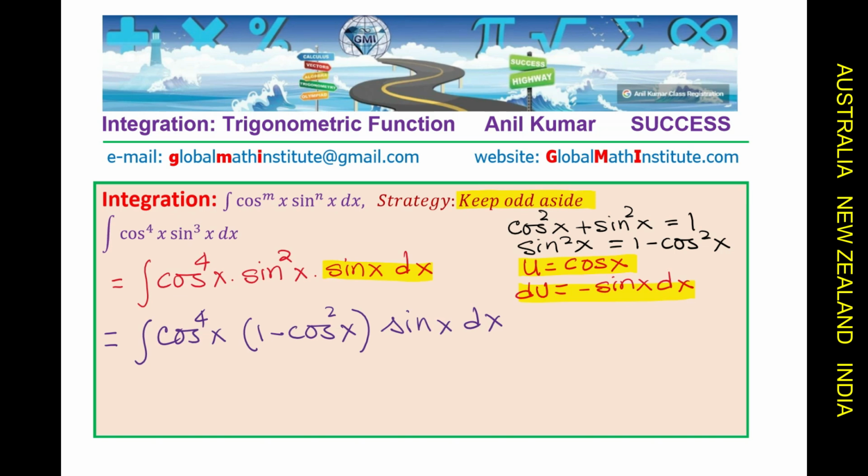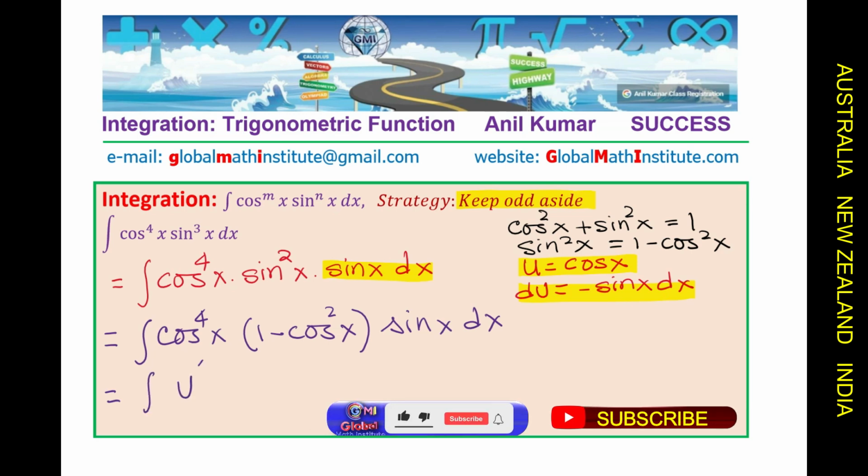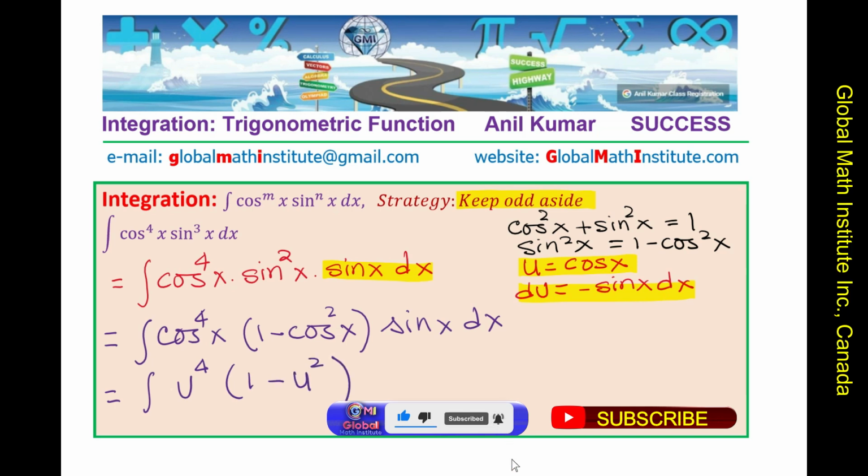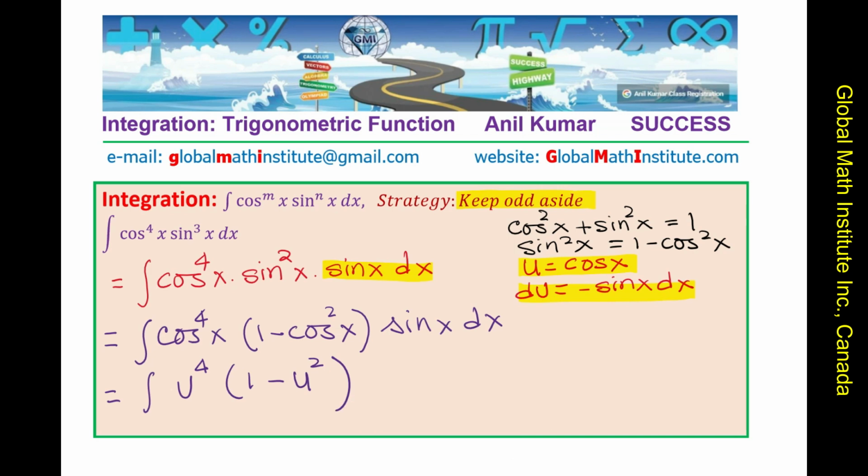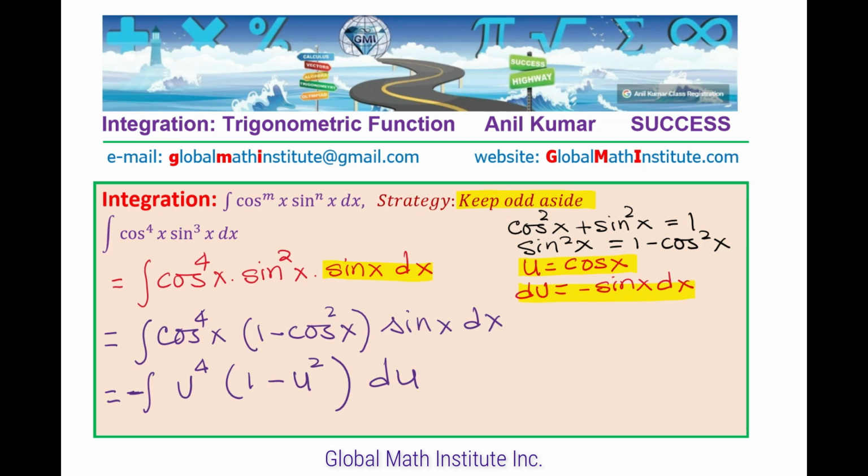So we rewrite the integral in terms of u: the integral of u to the power of 4, 1 minus u squared, and sine x dx can be written as minus du. So I'll write du here and a negative sign outside. Does it make sense to you? Clear? Now that is a very simple integral to find the answer for, right? So we'll find the solution on the next page.